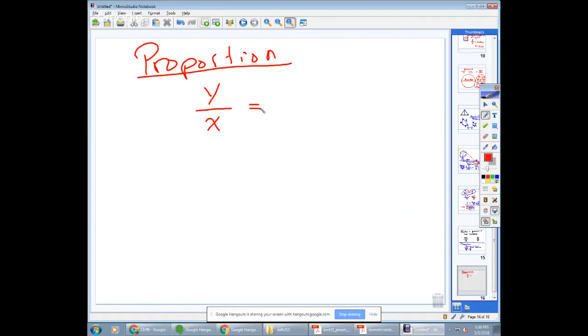Maybe it's two similar triangles, maybe it's related to a speed, maybe it's related to a recipe. There are lots of places ratios come up. But the bottom line is, if things are proportional, they have a common ratio. So we're just going to say y over x is always equal to some other number r. I'm using r here just to refer to the common ratio.